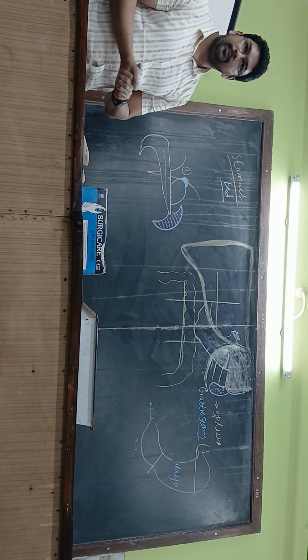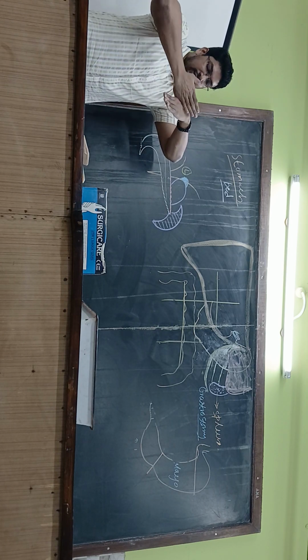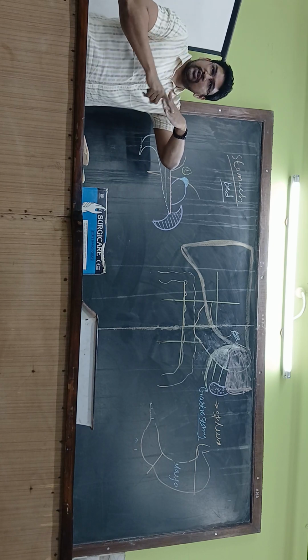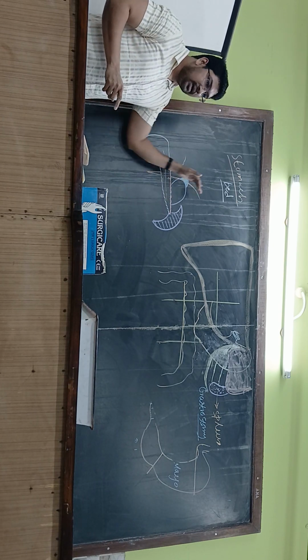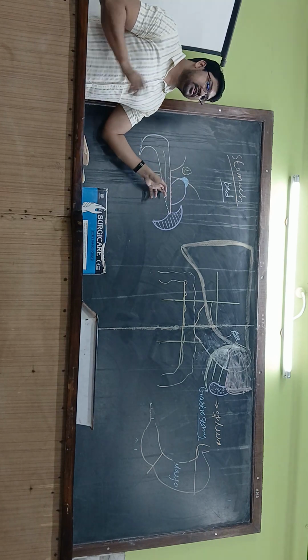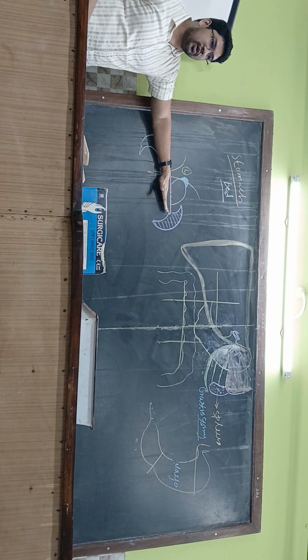Getting it? Towards this anterior border will be the transverse mesocolon going in this manner. So only the anterior surface will be coming in contact with the posterior-inferior surface of the stomach, not the inferior surface of the pancreas, because it is overlapped by the transverse mesocolon in this manner.